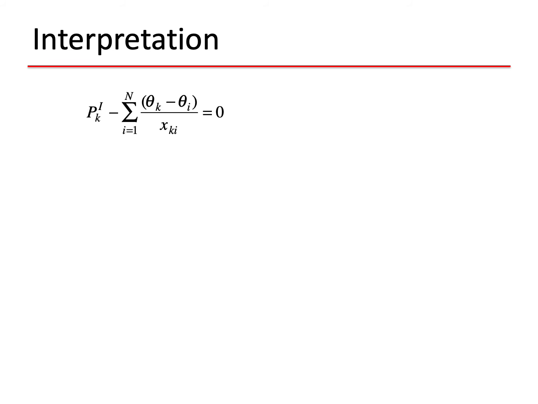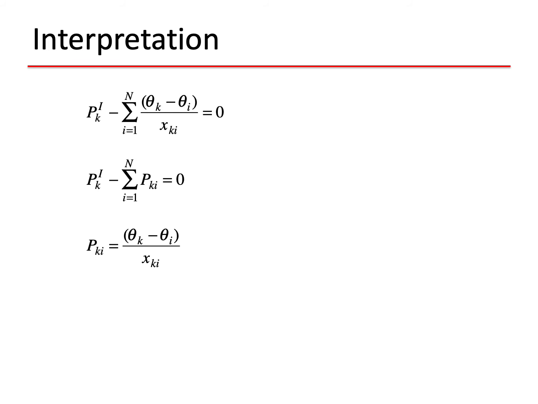The second term in this equation, sum from i equals 1 to n of (theta k minus theta i) over x_ki, we can represent by p_ki, because it involves bus k and bus i. And p_ki is really equal to (theta k minus theta i) over x_ki, and we call it p_ki because it represents the active power flowing from bus k to bus i.